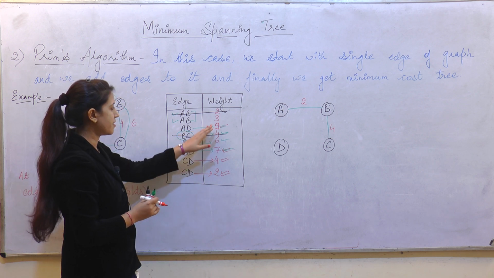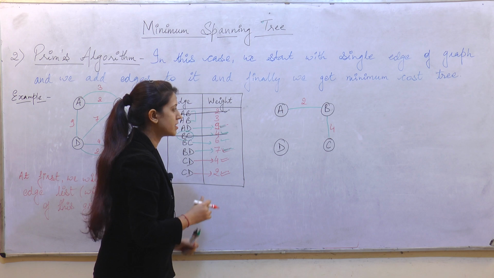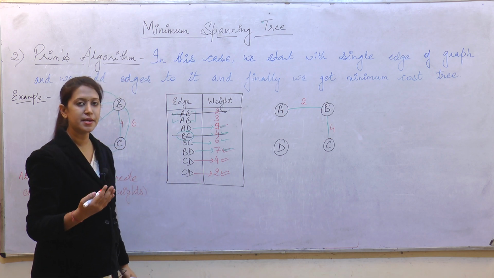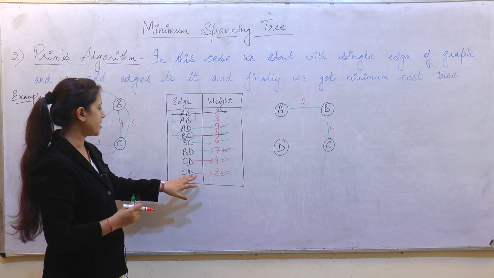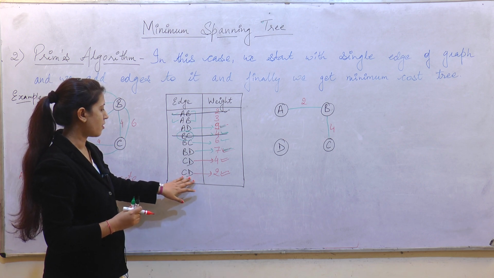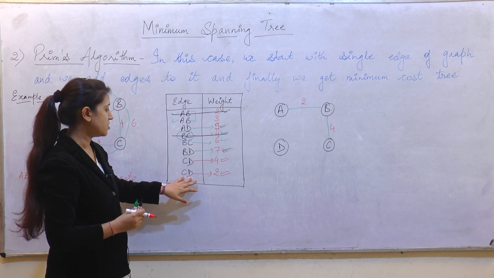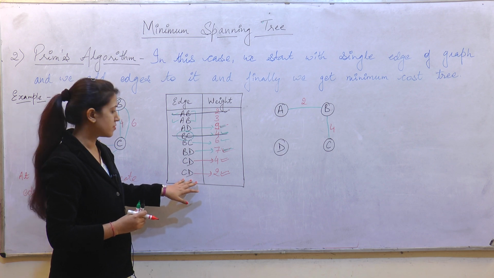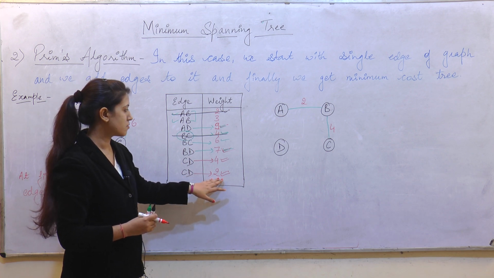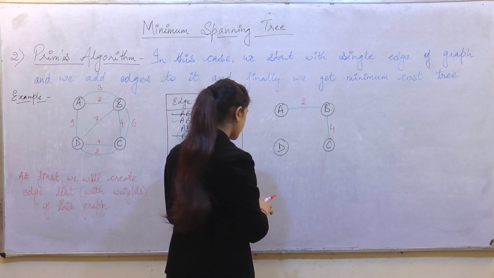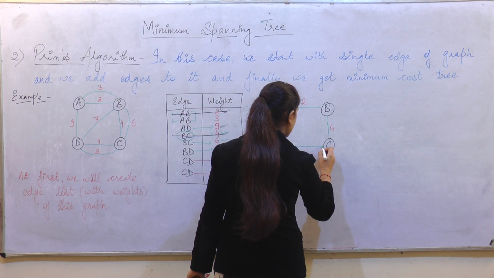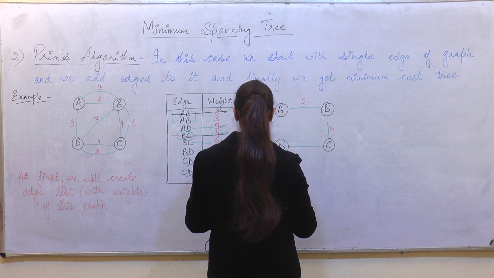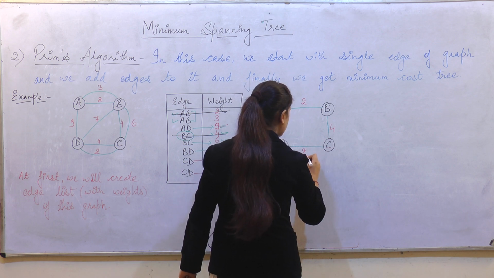So from these available options we will select the edge with the minimum weight. Now the minimum weight we are getting is for the edge which is connecting the node C to D with weight 2. So we will connect our node C to D, and the weight of this edge is 2.